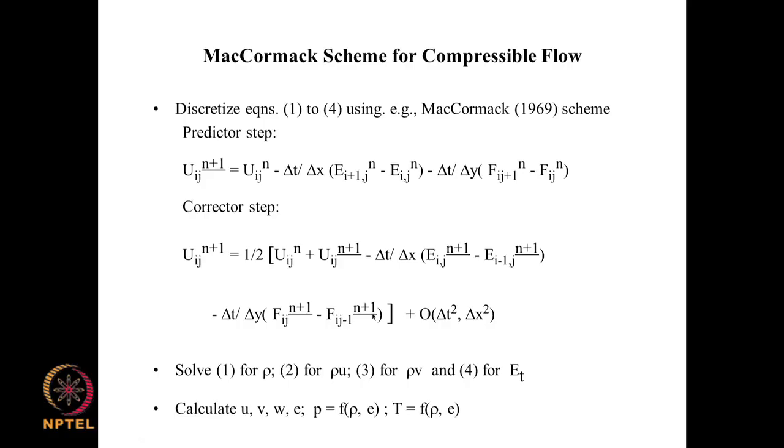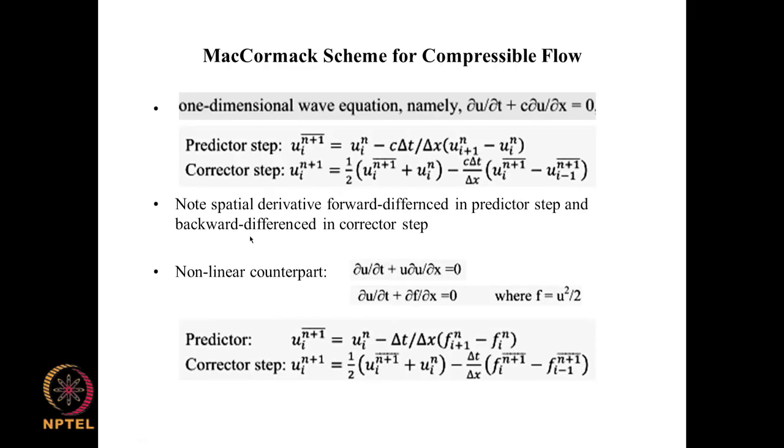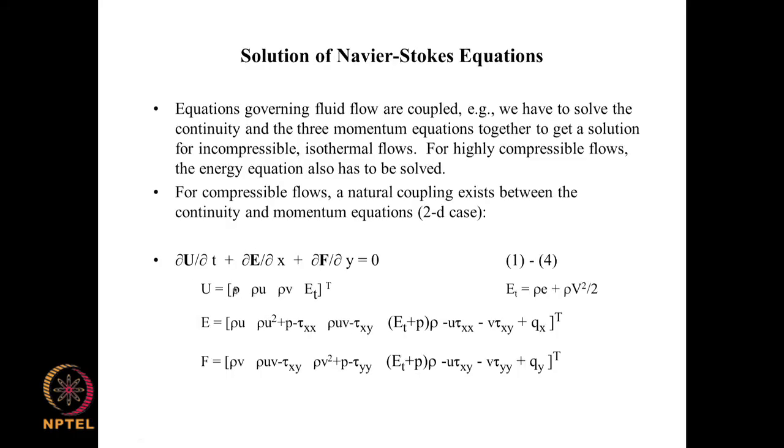So, there is some merit in this, and how we actually do this, given that u, E, F are vectors, is that for each equation we know what terms are appearing here: u, E and F. We first solve equation 1, the continuity equation, that gives us dou rho by dou t plus dou by dou x of rho u plus dou by dou y of rho v equal to 0.